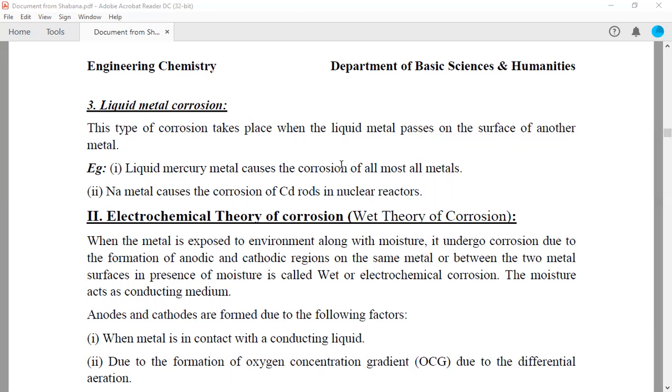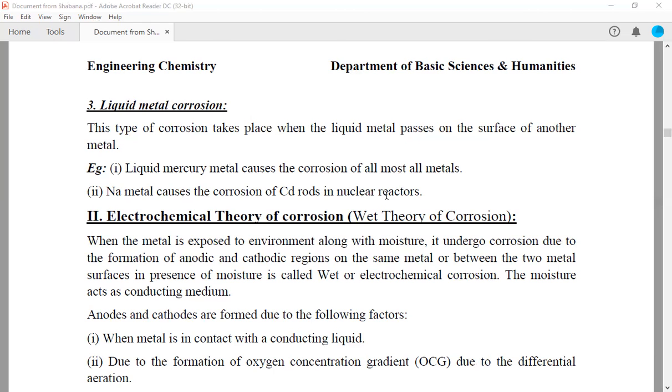It causes corrosion to almost all metals. The second example is sodium metal. It causes corrosion of the cadmium rod in a nuclear reactor.